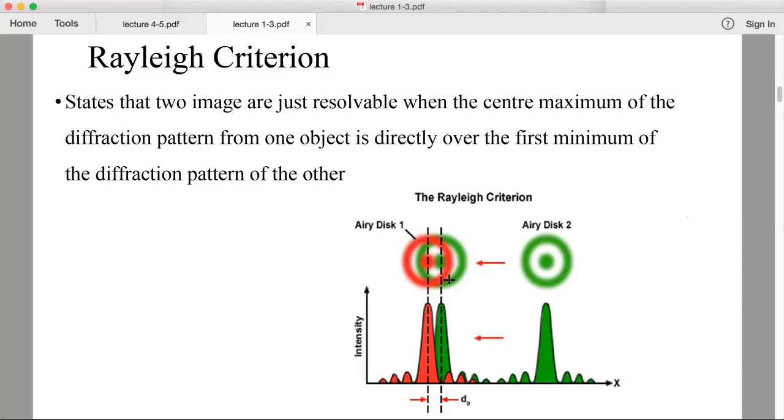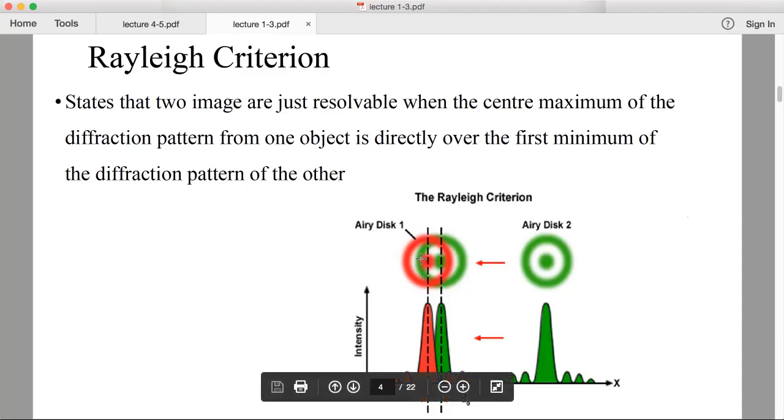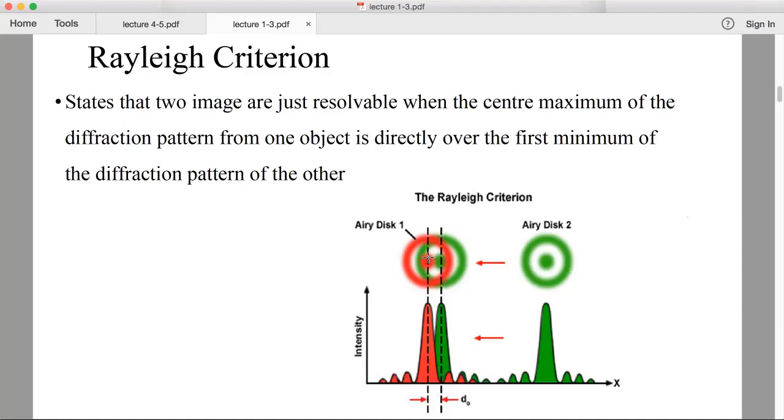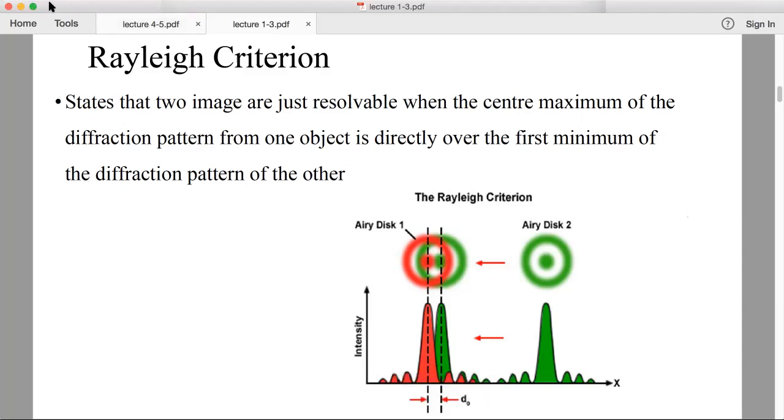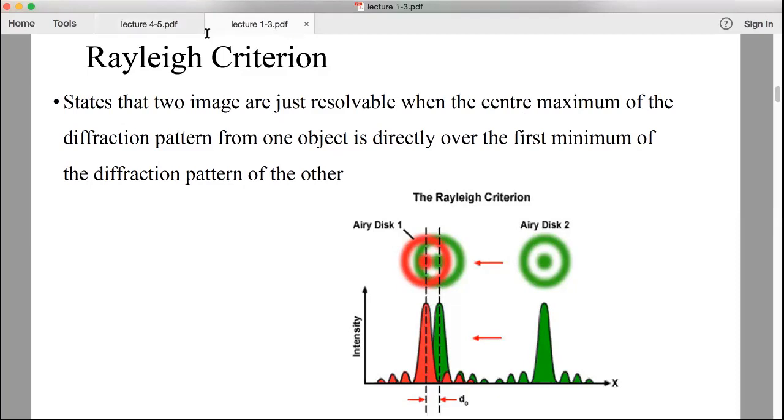So imagine here you have these diffraction peaks, right? The green one provides an Airy disk.